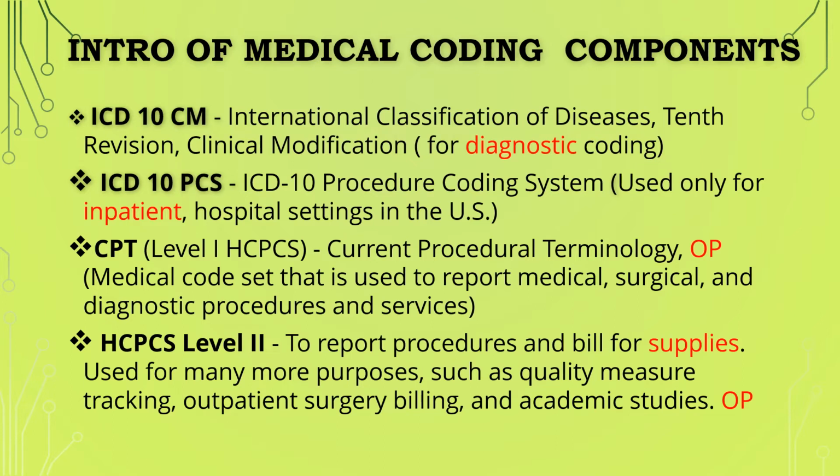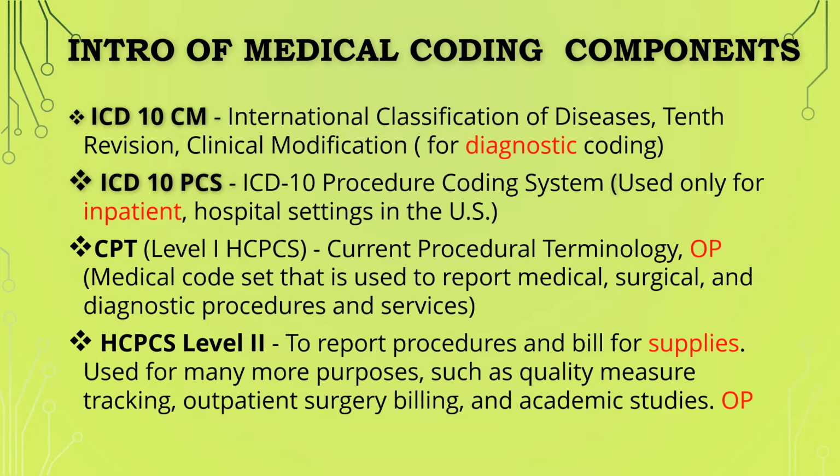Next, ICD-10-PCS means procedure coding system. If a patient has undergone a surgery or procedure in an inpatient setup, these procedure codes are coded from ICD-10-PCS in the US. And then CPT. If the same procedure or surgery was done in OP, as an outpatient, then we can get the code from CPT.